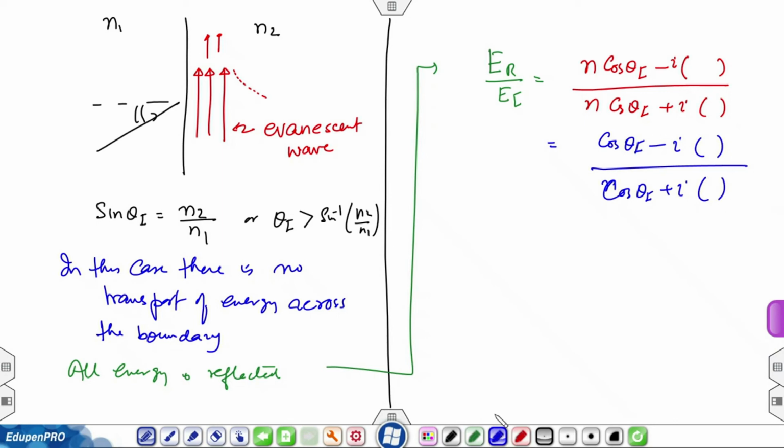So, mod of E r over E I is 1, and this means all the energy is reflected.